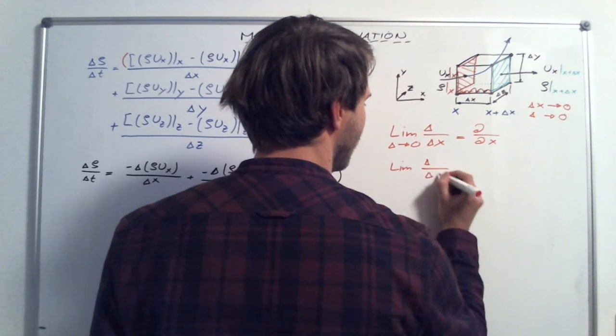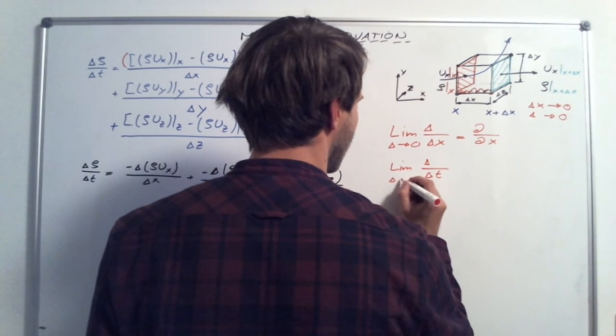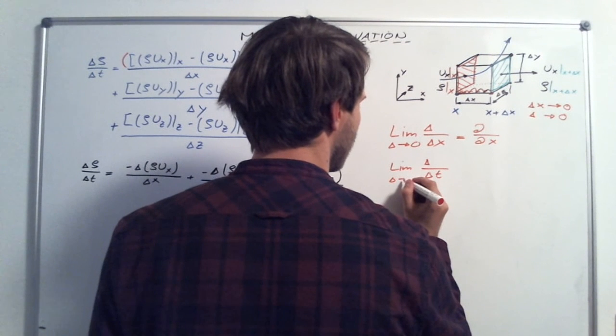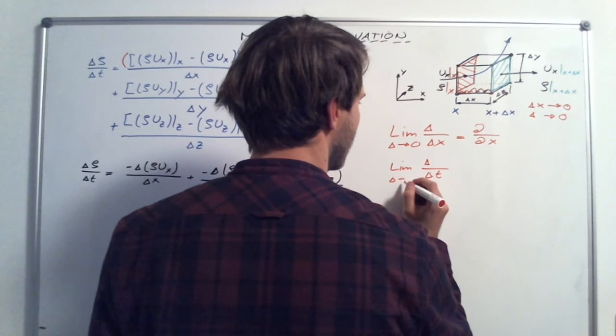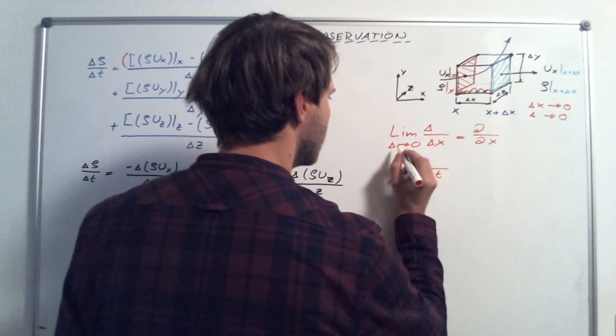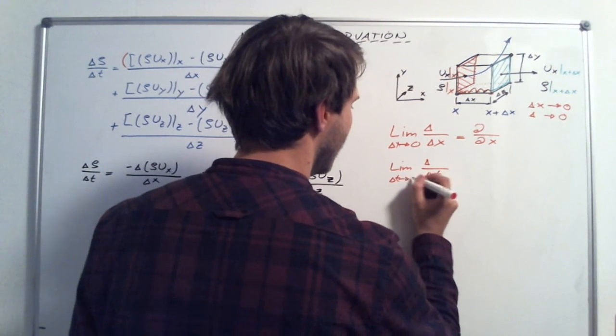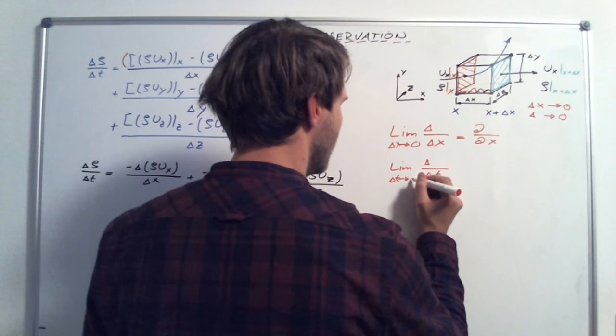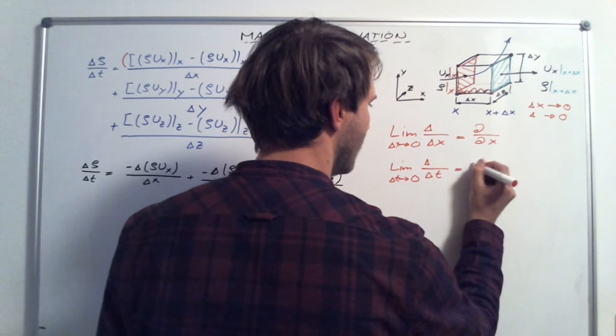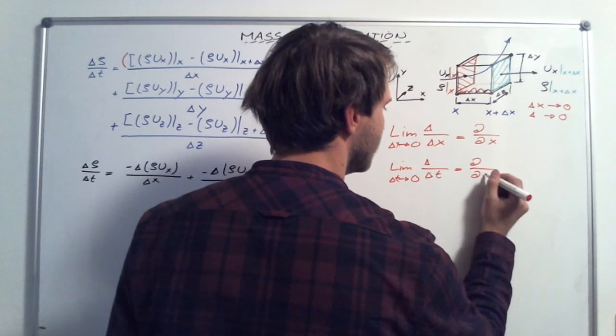The same is valid for delta t. If delta x and delta t are going to 0, we end up with partial signs.